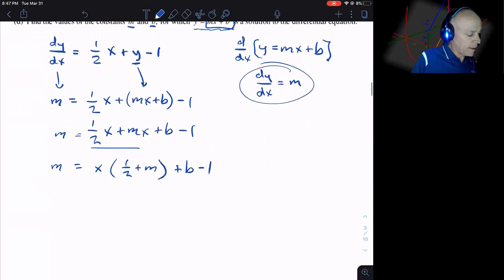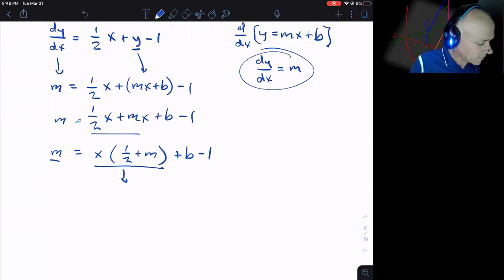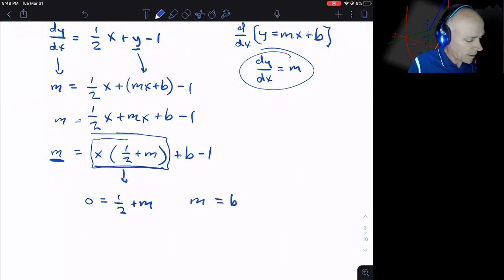Now right here, I can look and say, m is going to be some constant. It's not going to be in terms of x. So that tells me that this term right here has to zero out. In order for this to zero out, that means that 0 is equal to 1/2 plus m. That also tells me that if this term zeroes out, m is equal to b minus 1.